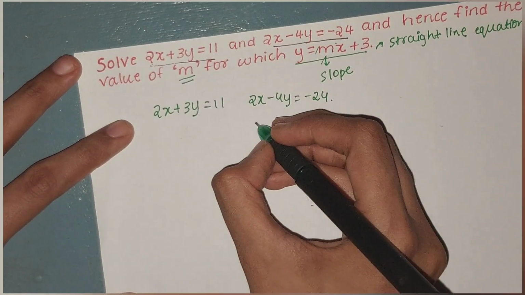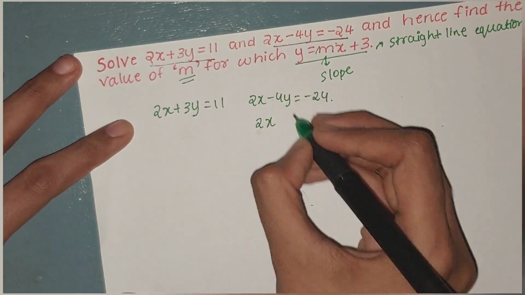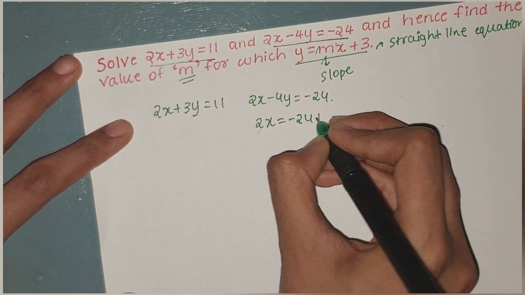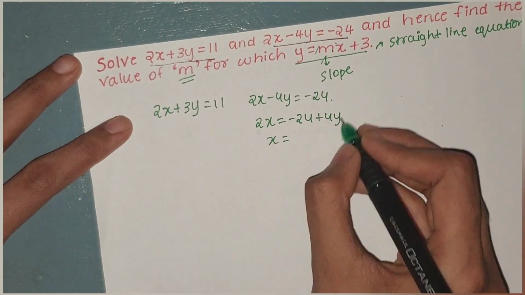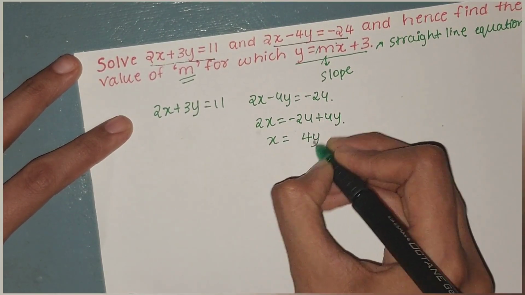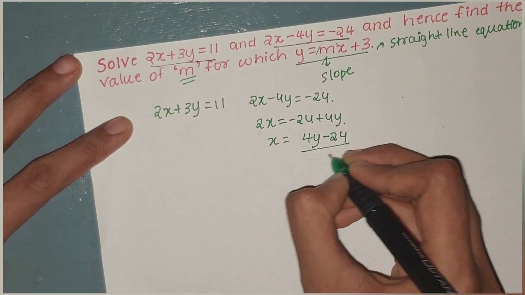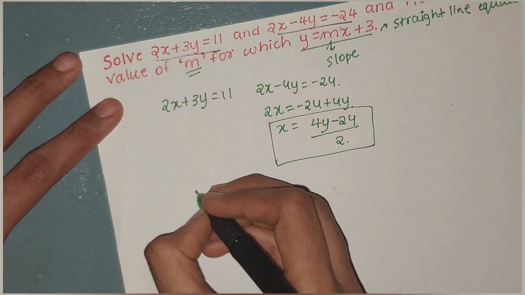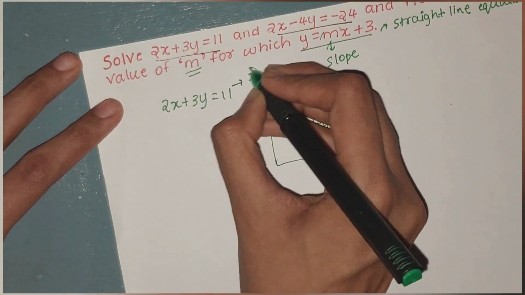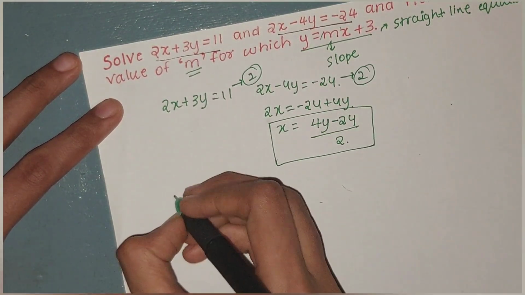As usual, I'll go with this equation because it contains a negative sign. Let me write the positive term first and then the negative term, so that it looks easier. Okay, I got my x. Let me call it equation number 1 and equation number 2.